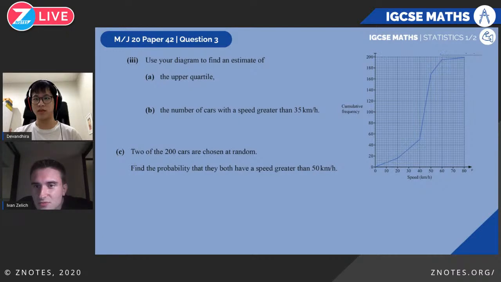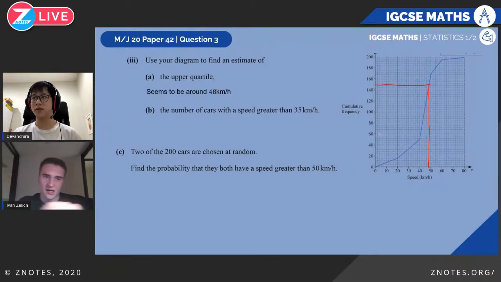So it occurs right about here, in the midway point between 160 and 140. We can then draw a line across, and we get here. And it seems to be at around 48 is where that lies.